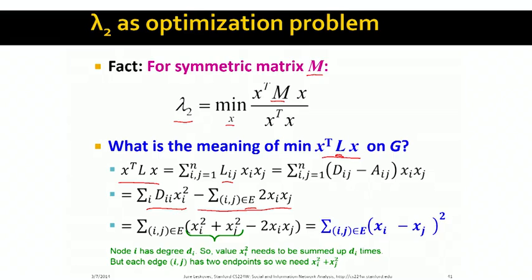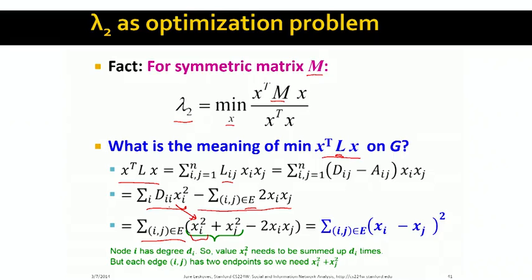Instead of taking the degree of node i times xi squared, we now push this squared value of node i into the summation over all the edges, where, because a given node has degree d, for that node i we will sum xi squared d times. So the whole thing is equivalent.